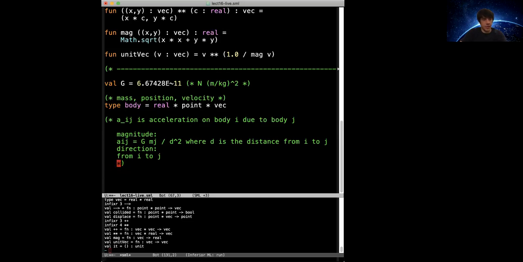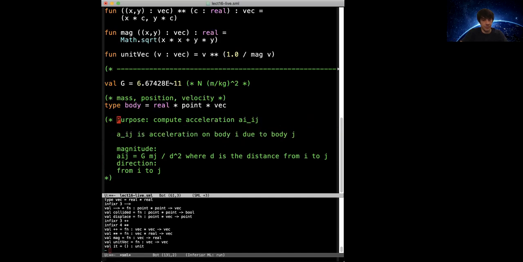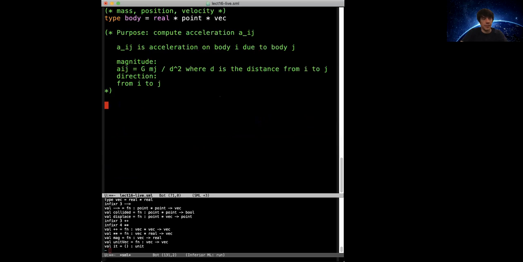Okay, so really our purpose then is to compute the acceleration a_ij. So how should we design this function?